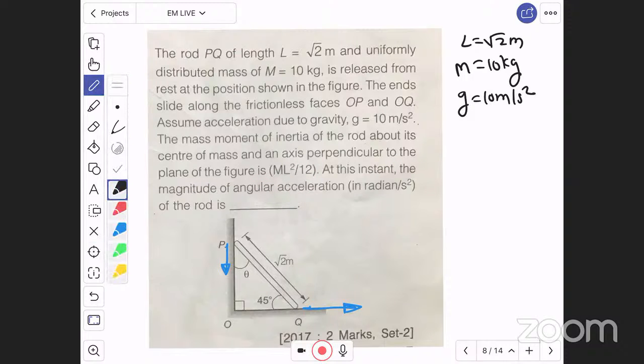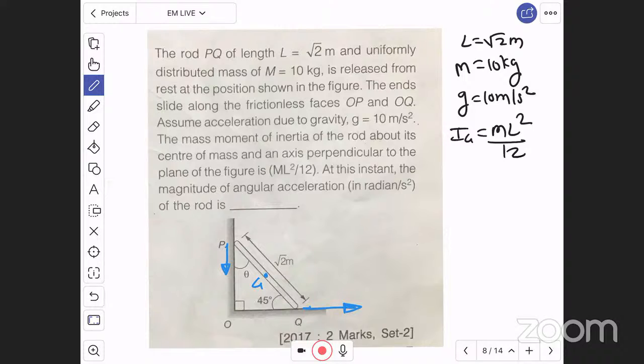That we already know, it did not need to be given. At this instant, the magnitude of angular acceleration in rad per second square of the rod is asked. Now, at this instant, what is alpha in rad per second square?